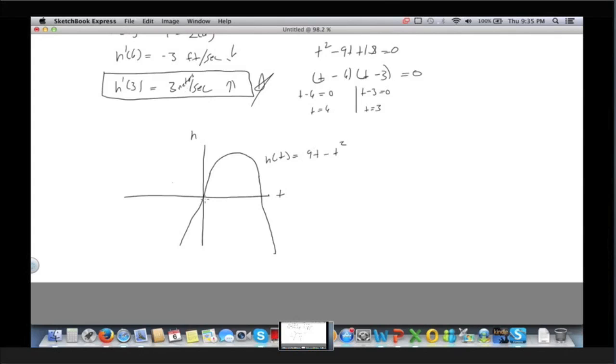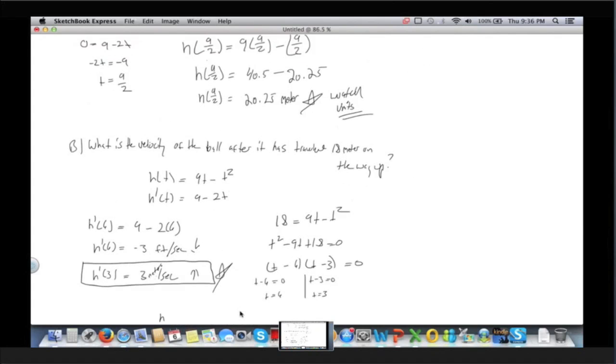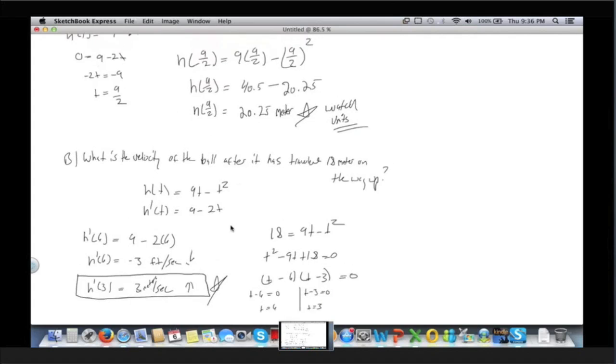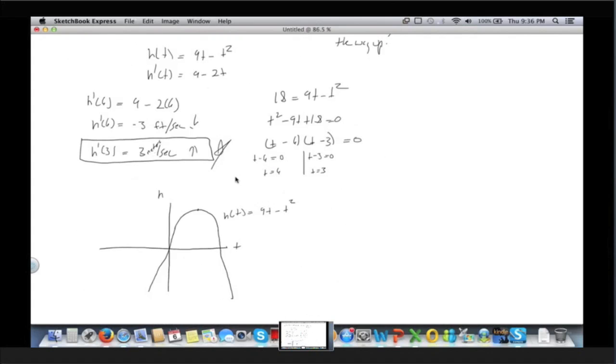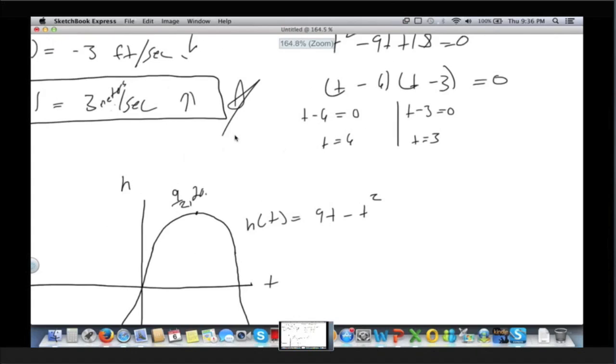Good. Put a dot at the peak. Now label the coordinates of that point. Okay. 20.25 and 9/2. So let's put the units on those coordinates so that we can remember what they stand for.